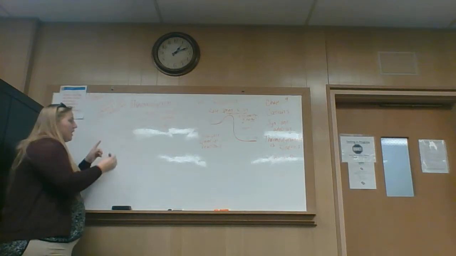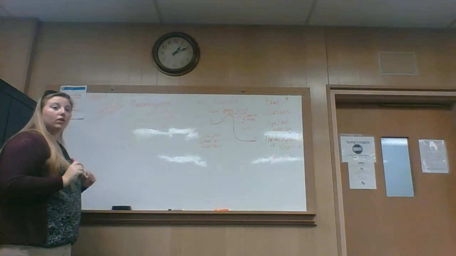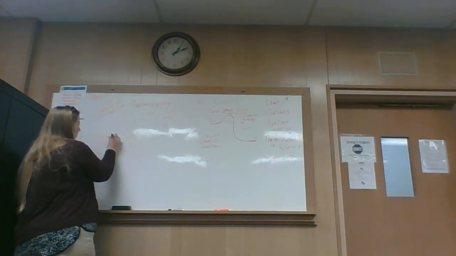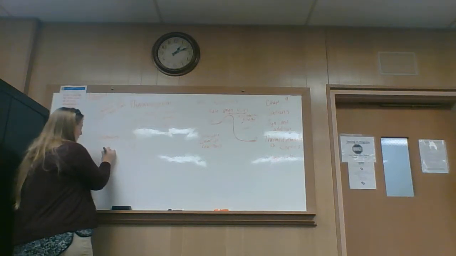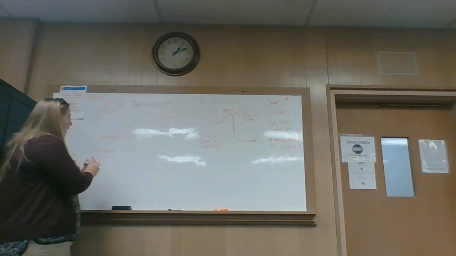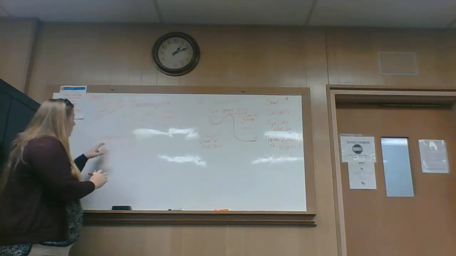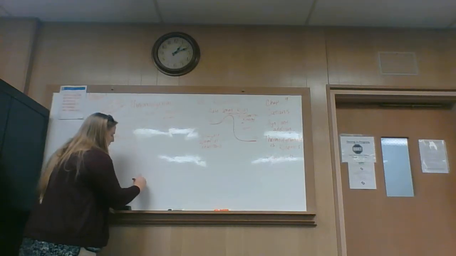What does delta H stand for? The entropy? Close. Enthalpy. Delta S is entropy. The way I like to remember that is there's an H in enthalpy. Okay. Enthalpy can be calculated, and does anybody remember how?